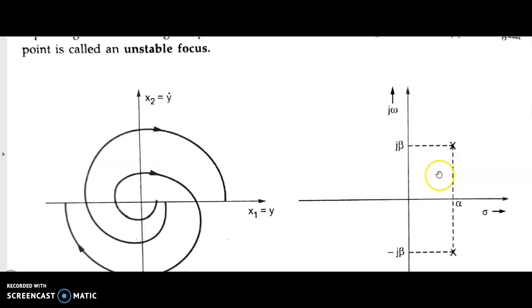If the roots exist on the right side, we call it an unstable system. For these singular points we draw phase portraits; that is an unstable focus. If the roots are plus alpha plus or minus j beta, you just have to draw this graph. You have to remember these graphs.